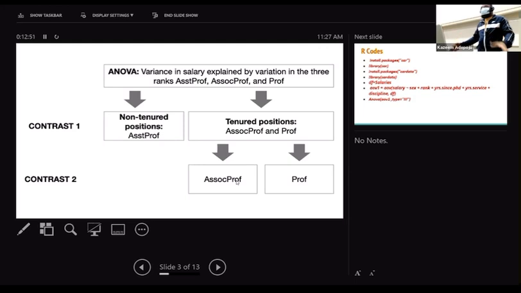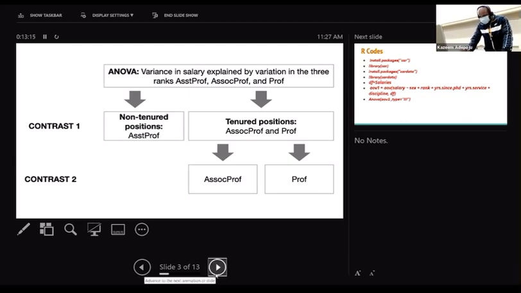It is the probability of the state of nature before data collection. We know that there's going to be a significant difference in salaries of the non-tenure track and the tenure track. The only thing we don't know is whether there's going to be a significant difference between the salary of associate professor and professor, those two within the tenure track.